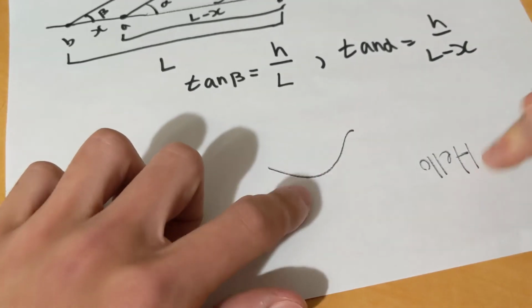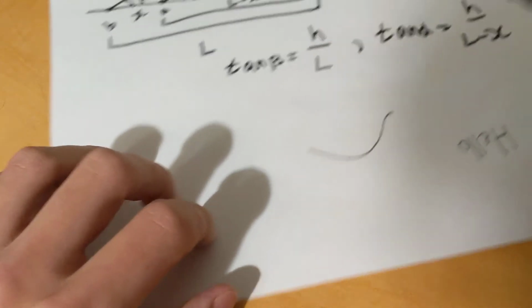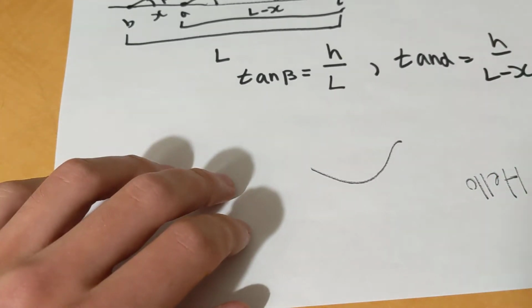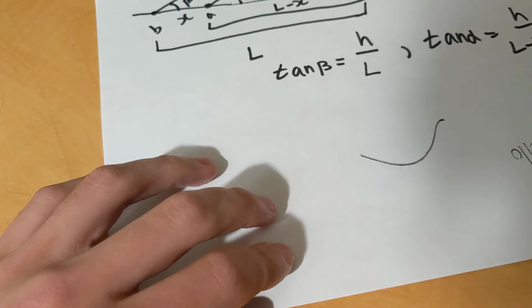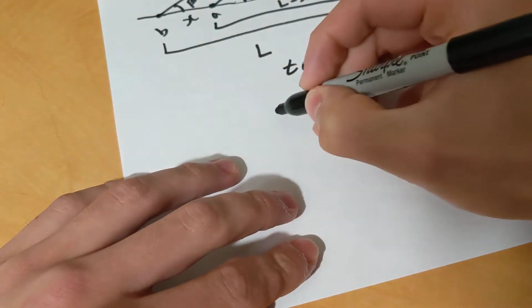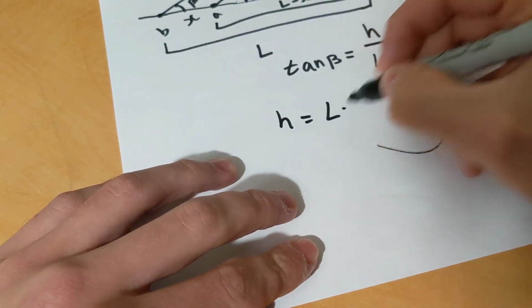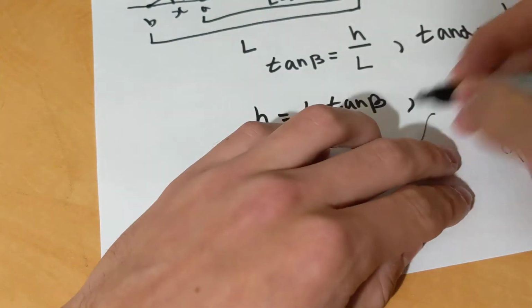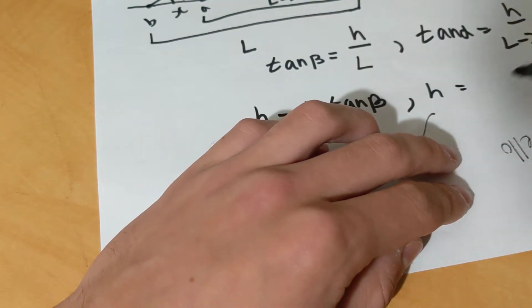Don't mind this stuff. I was running out of pieces of paper. I'm just making excuses. I could have grabbed another. Save the planet, right? So now let's rearrange both of these equations for H, and then we can smash them together and get rid of H. I think that's a pretty good plan. So H equals L minus X times tan alpha.